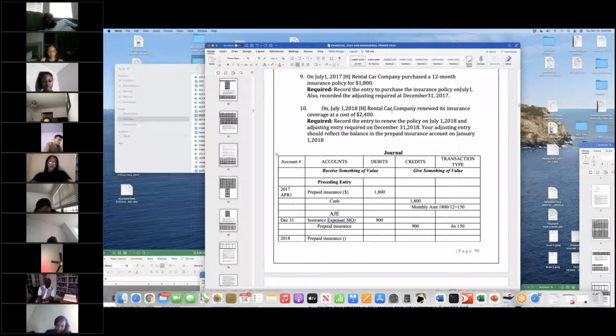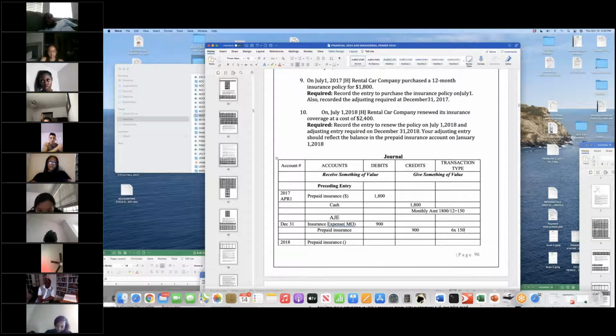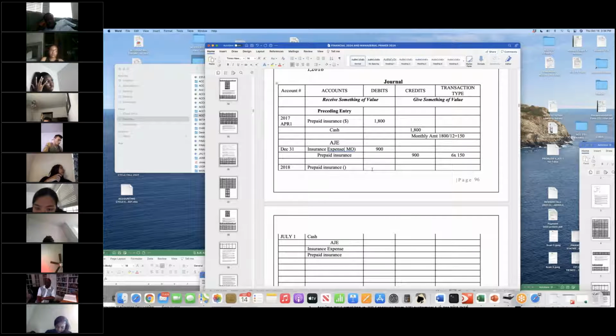Now, let's go to the next year. And they're renewing the insurance at $2,400. So when July 1st rolls around, instead of having to pay $1,800, they got to pay $2,400. So what you're going to do now to, well, let's buy it first.